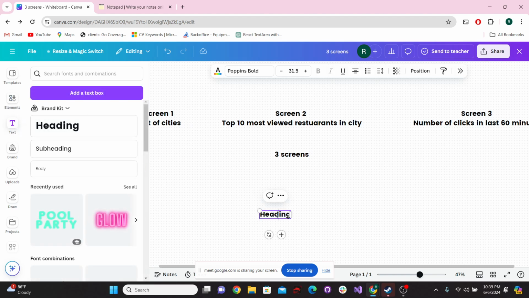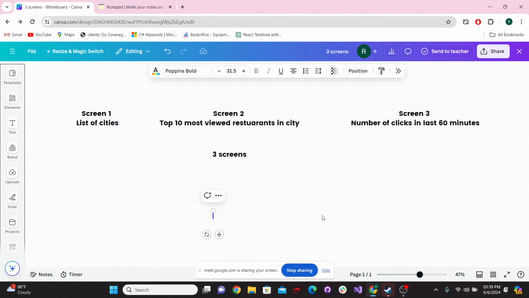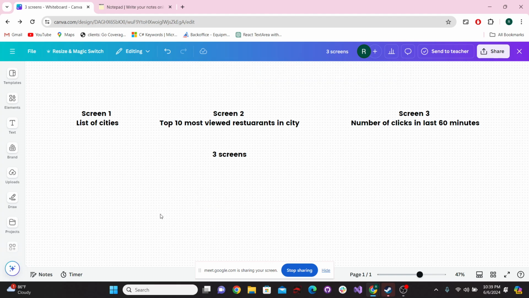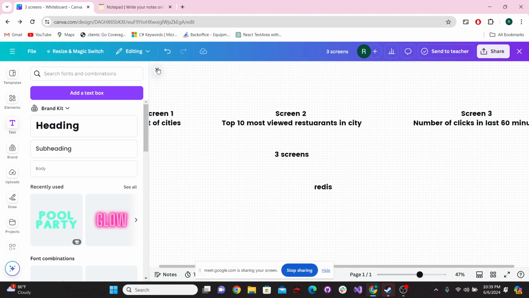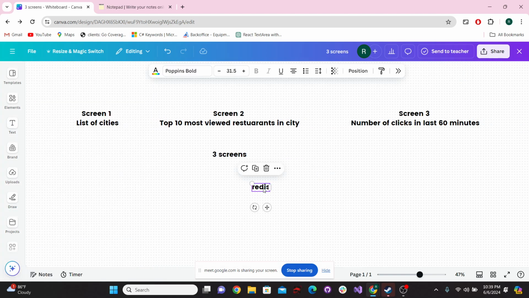let's see. So you have restaurants, right? So let's just say you have a Redis. Redis has two kinds of commands, there's a set command and a get command.